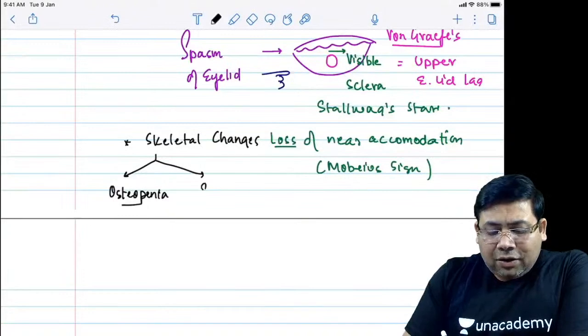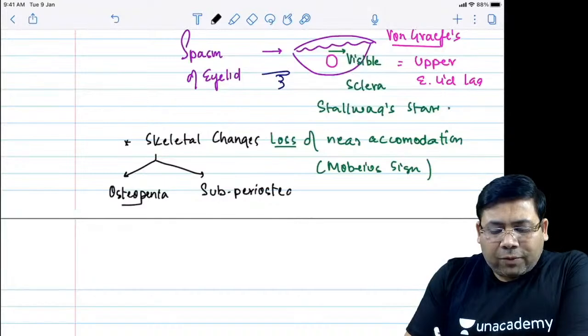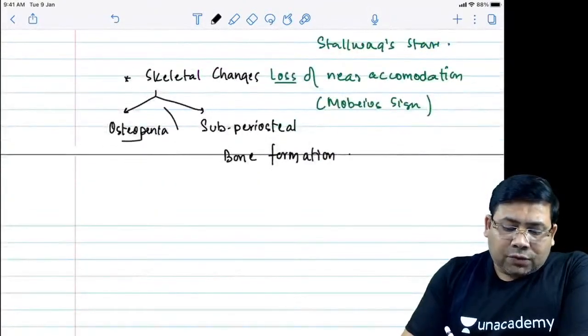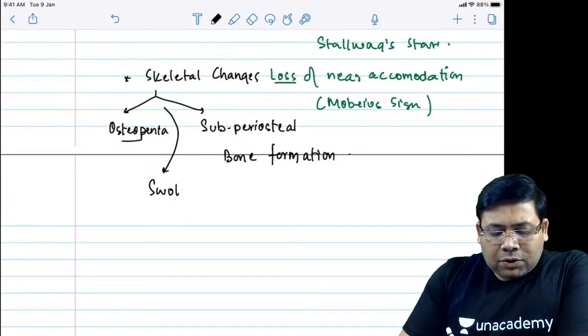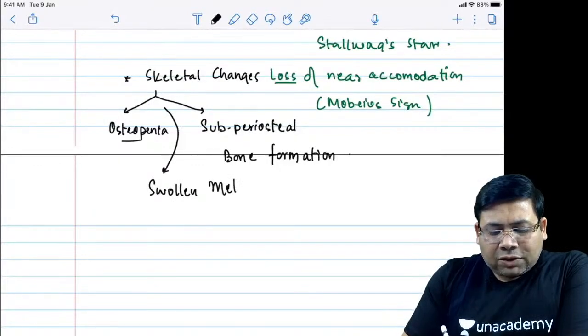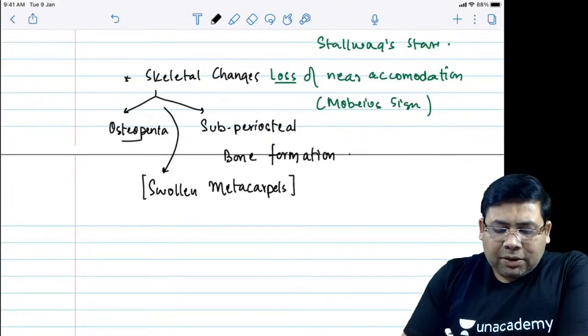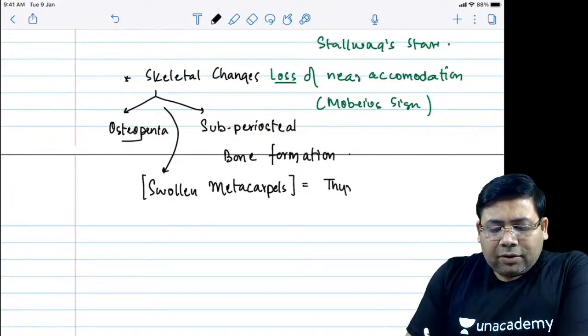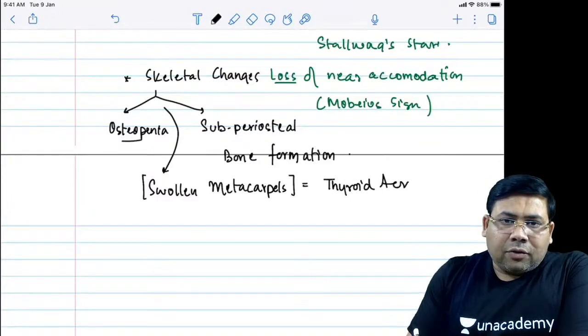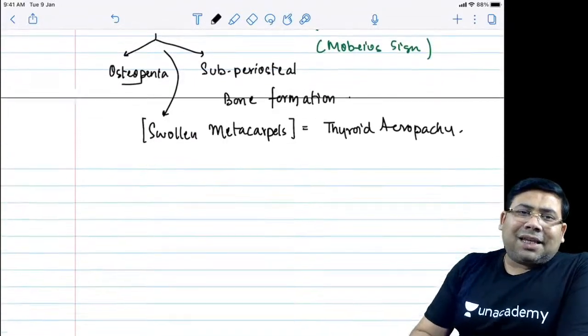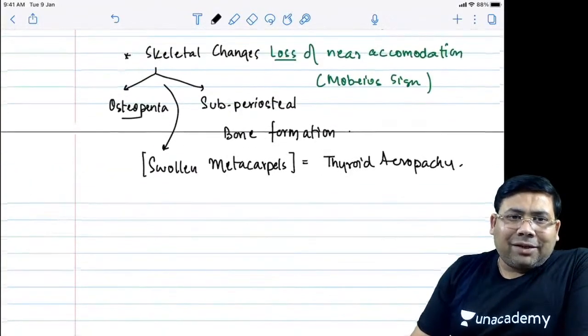We say subperiosteal bone formation, but actually there is no true bone formation, it's a bone reaction. What else? You get to see swollen metacarpals. What is it representing? This is known as thyroid acropathy, which is very important. So these are the skeletal changes that we get to see.